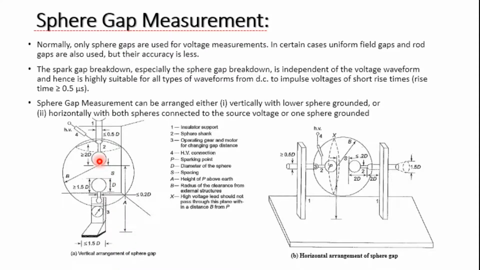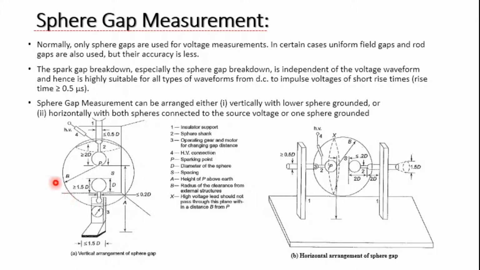Capital A is the height of P above the earth, because when it is subjected to high voltage, we should have some minimum clearance above the ground. Otherwise, the ground electrode or earthed object will lead to errors in the reading.